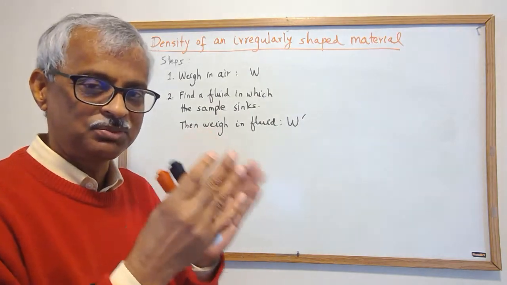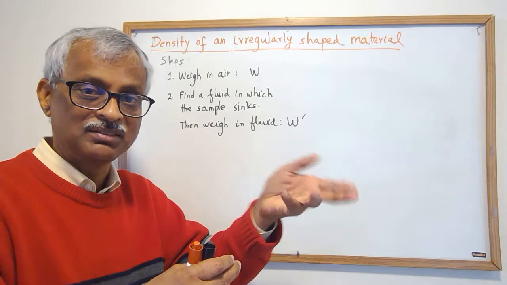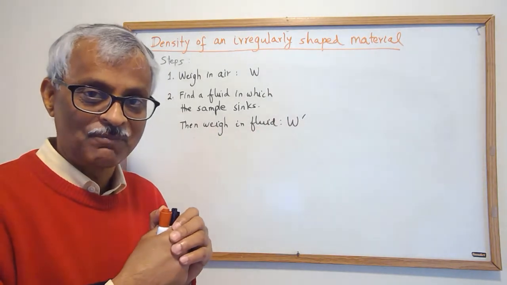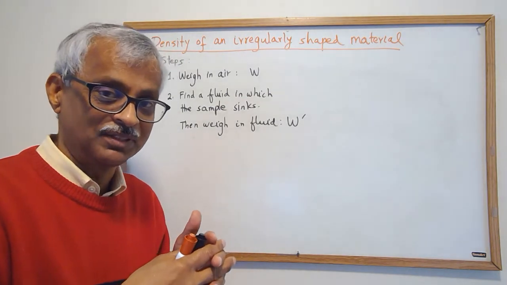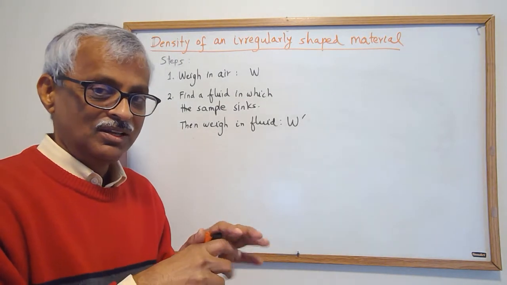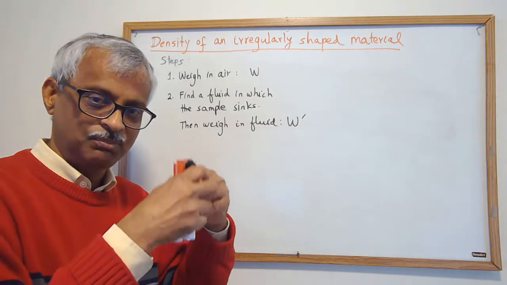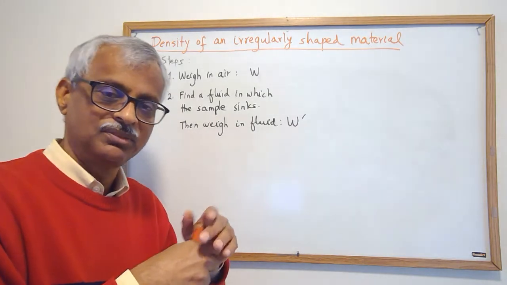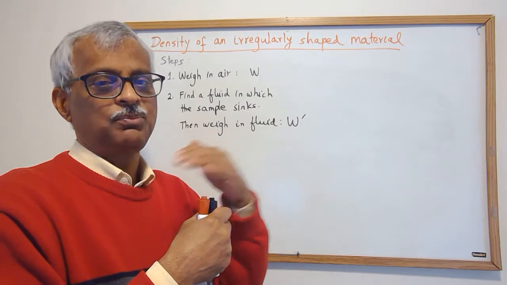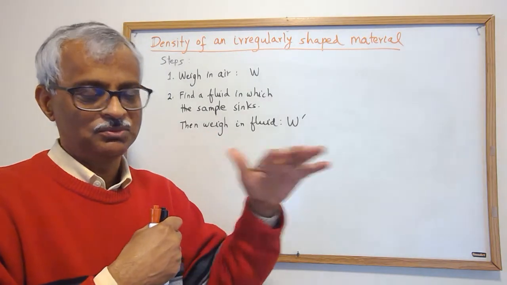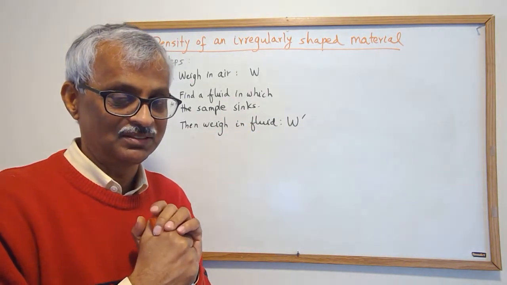When you have a material of nice shape, you can find the volume, weigh it to get the mass, and then you get the density. But what if the material does not have a nice shape? You can still try to get the volume by a displacement method or some other method. But suppose we don't have those methods, or we don't want to do it that way. We want to use buoyancy to find out the density.